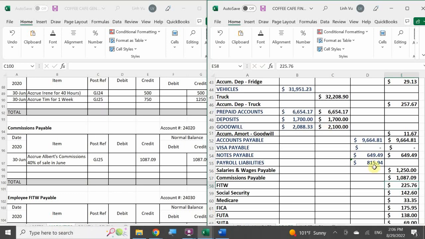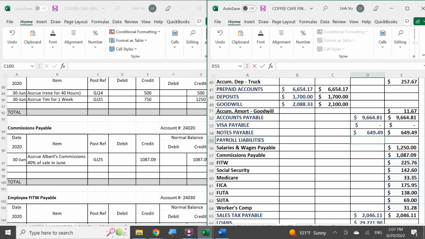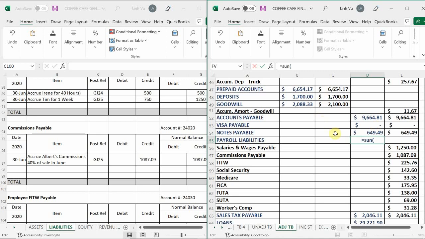Now notice this: my payroll liabilities did not budge, because this time I put the accounts above the formula that I started. So this one will not include it. You do have to fix this formula to include those 2 accounts that you added. Anything that you put above a formula will not be included. Anything after the formula should be included.